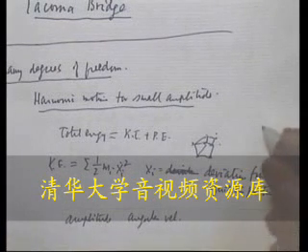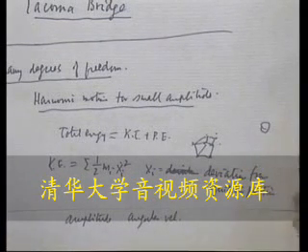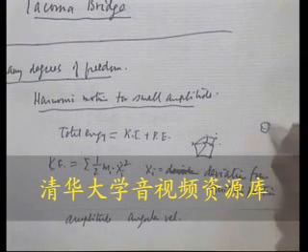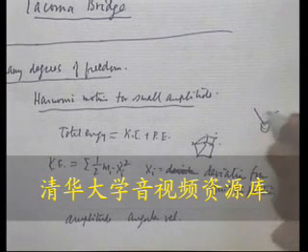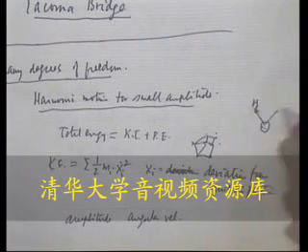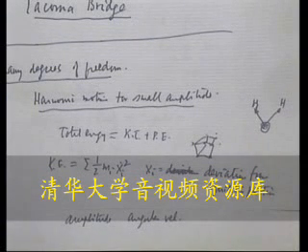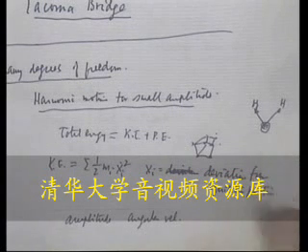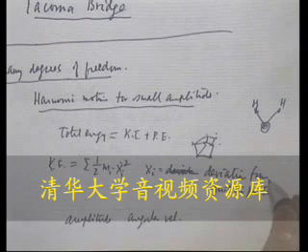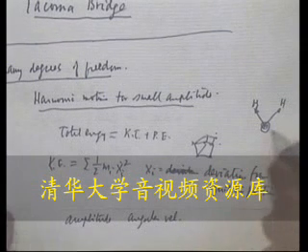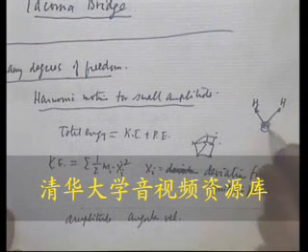For example, a water molecule consists of 1 oxygen and 2 hydrogens. Because of the structure, it has a certain angle. So this is the position at rest. But when it starts to vibrate, each of them moves.